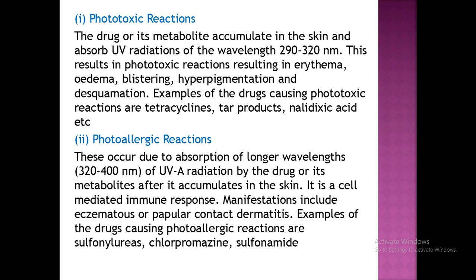It is a cell mediated immune response. Manifestations include eczematous or papular contact dermatitis. Examples of the drugs causing photoallergic reactions are sulfonylureas used in diabetes, chlorpromazine, which is an antipsychotic, and sulfonamide, which is an antibiotic.